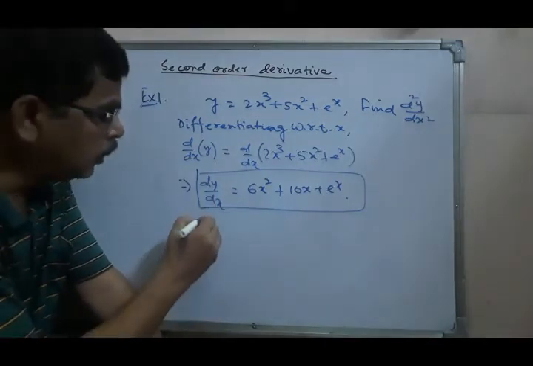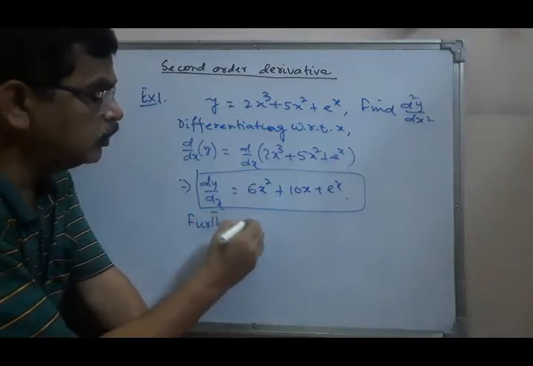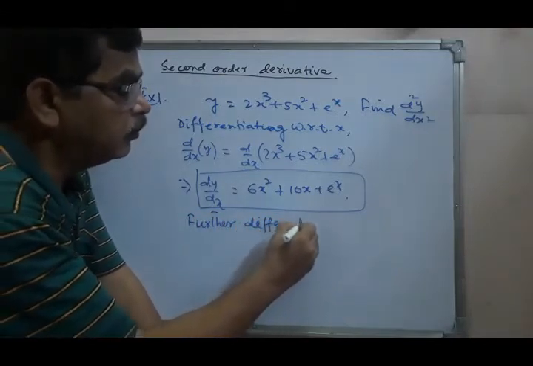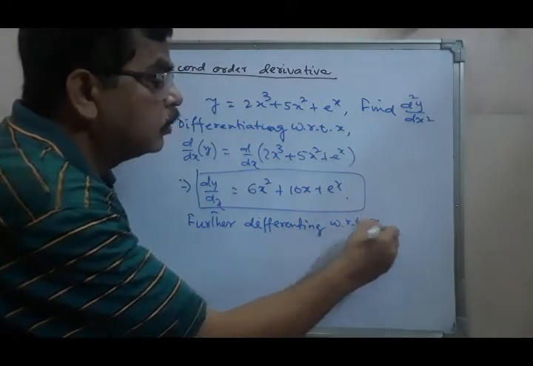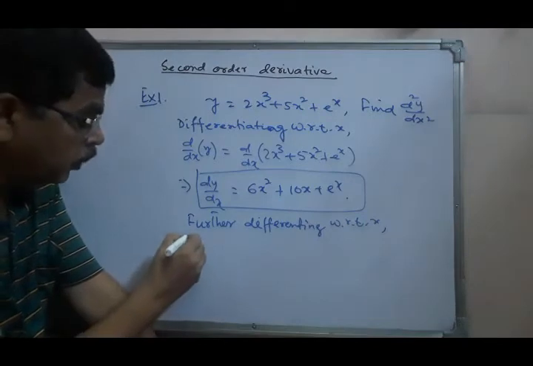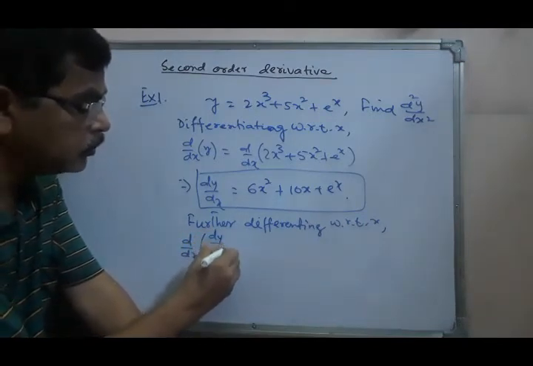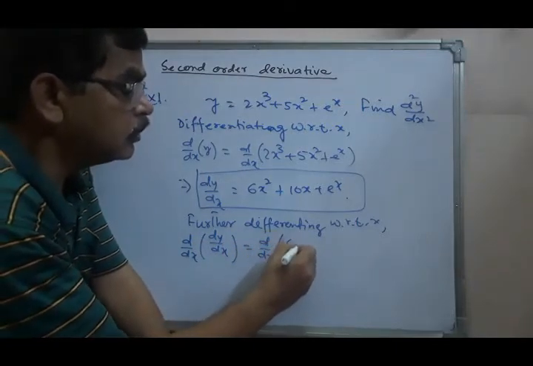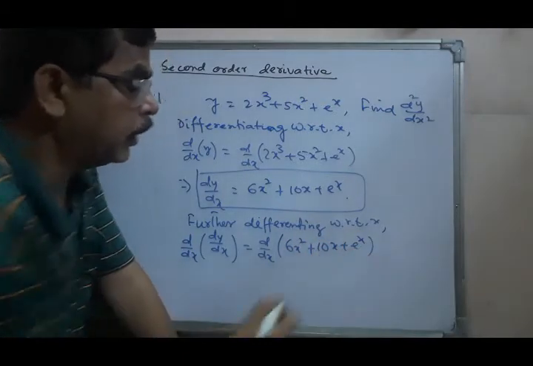Now further differentiating with respect to x, what will we get? d/dx of dy by dx equal to d/dx of 6x square plus 10x plus e to the power x.